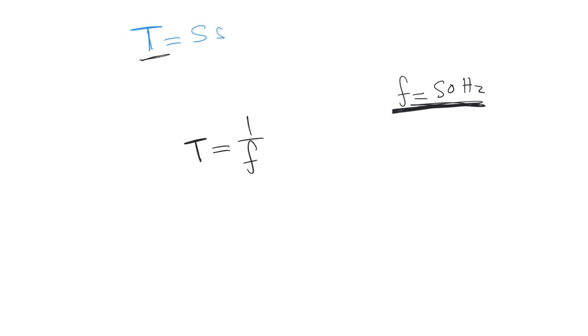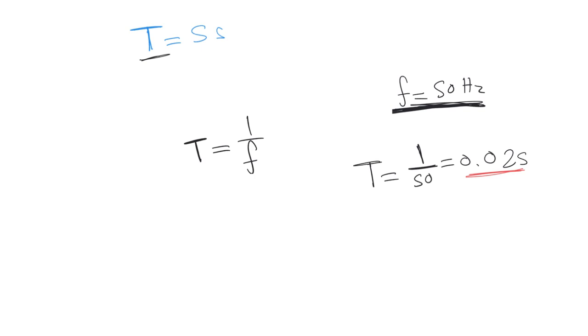Then we can calculate the time period as 1 over 50, which will be about 0.02 second. So 1 oscillation is completed in 0.02 second.